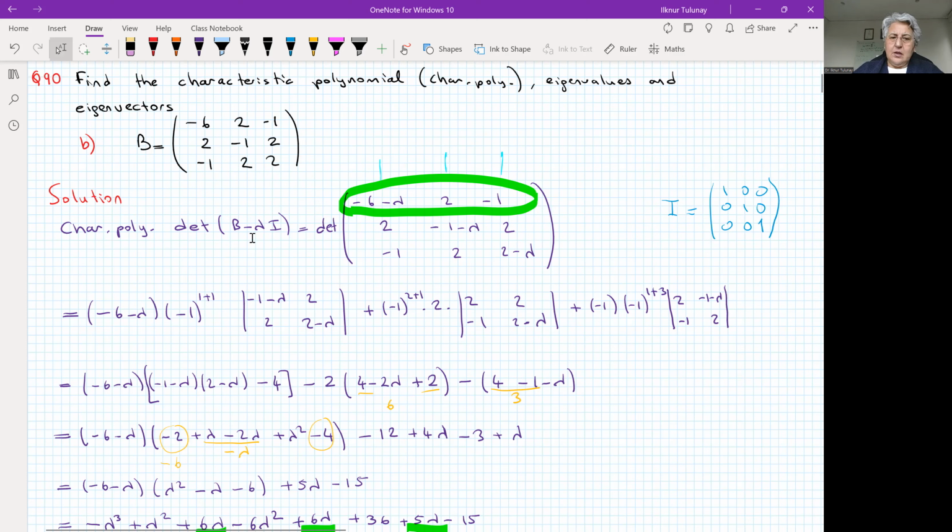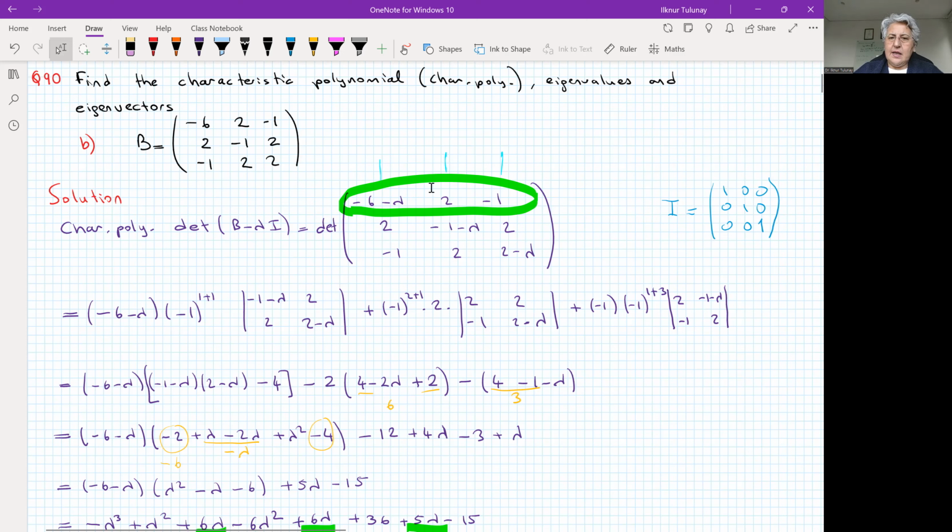So let's use the determinant definition and open this determinant up with respect to the first row. So 6 minus lambda is the first row, first column entry, with sign (-1) squared, which is positive, times the determinant of what is left, 1 minus lambda and 2 minus lambda.